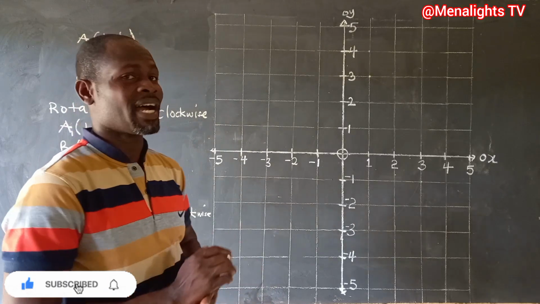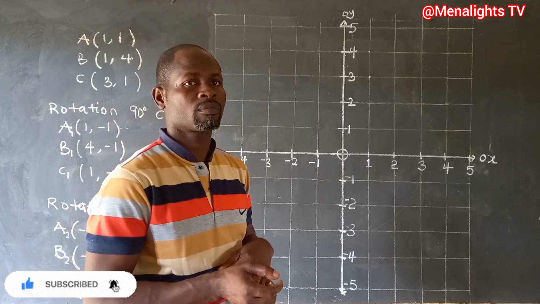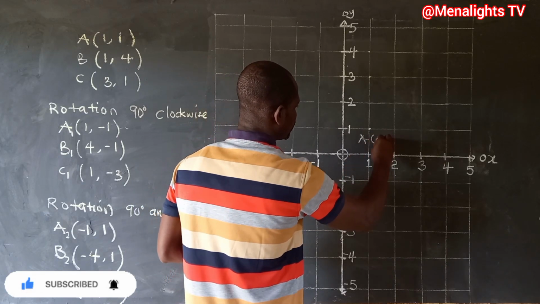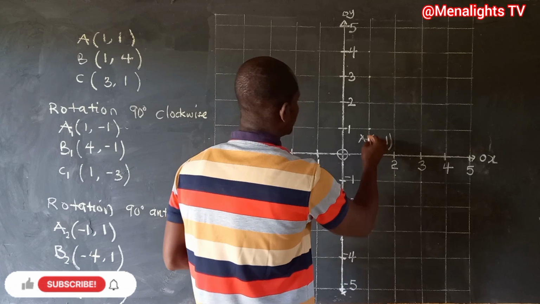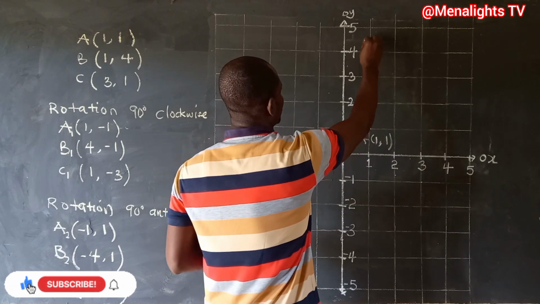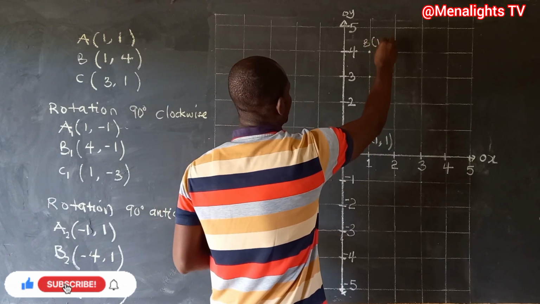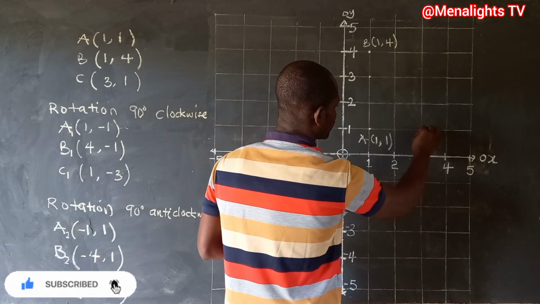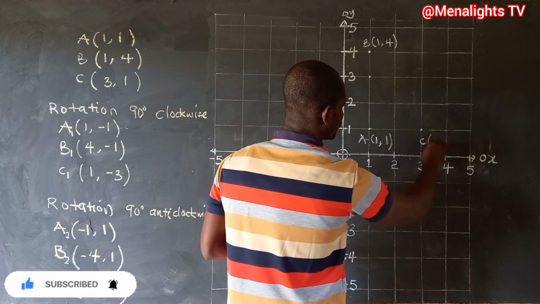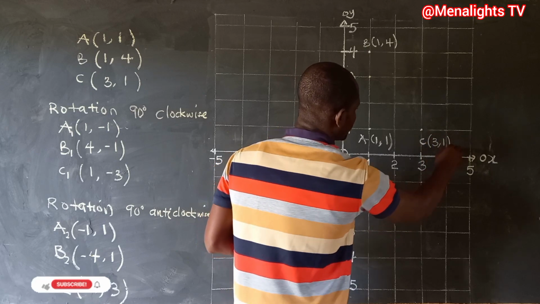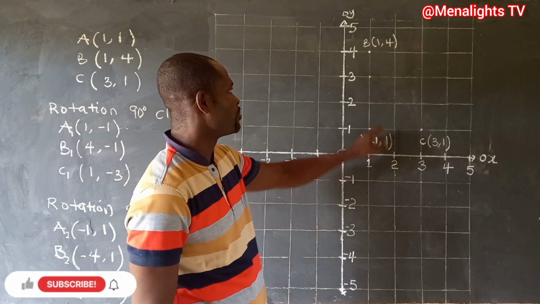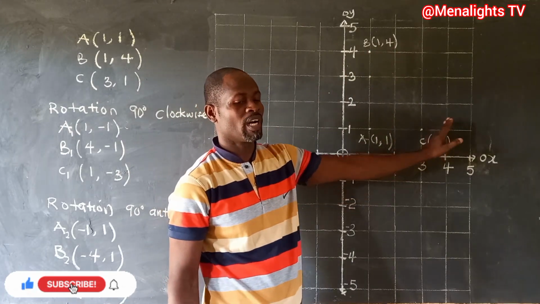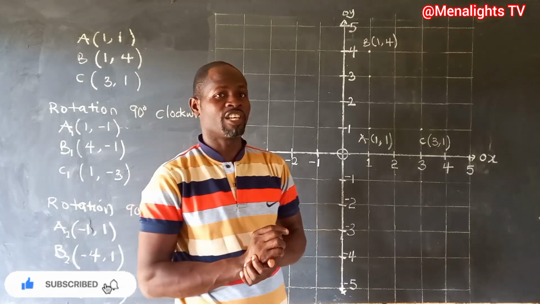So we plot it and see how it goes. So you have the points A, 1, 1, B, 1, 4, and C, 3, 1. We are going to join it to form a triangle.